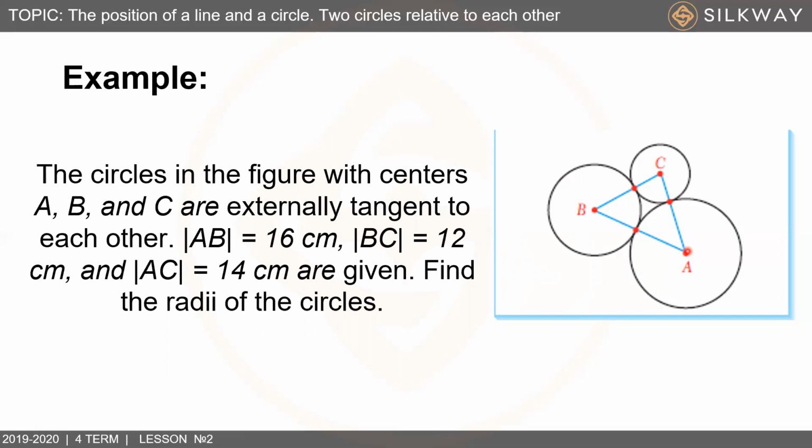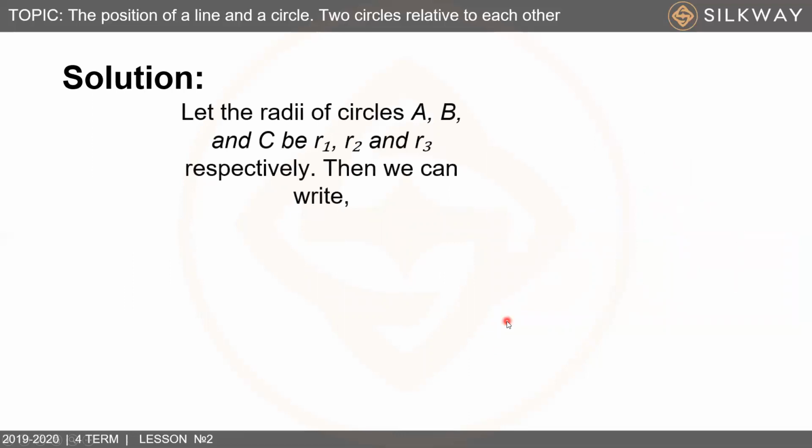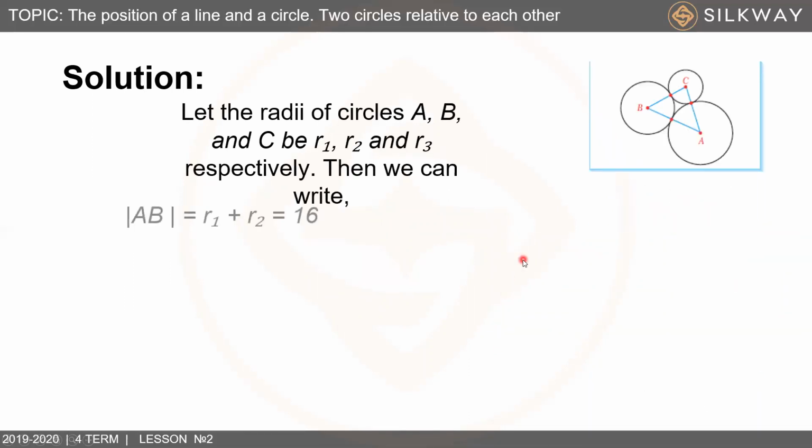So we must find the radius. First, we need to write the radii as R1, R2, and R3.